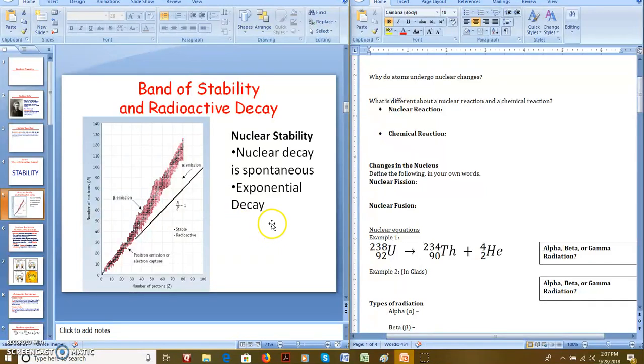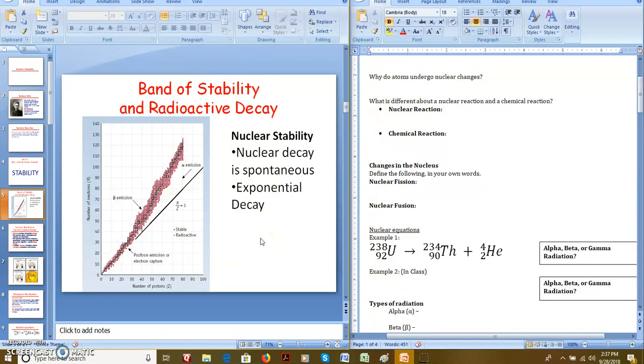Another thing to know about radioactive decay is that it is exponential. Exponential means that it's not a linear pattern, but instead the graph will curve. You guys have seen this in math class: x squared, x cubed, those types of things. They have a curved slope instead of a straight line.